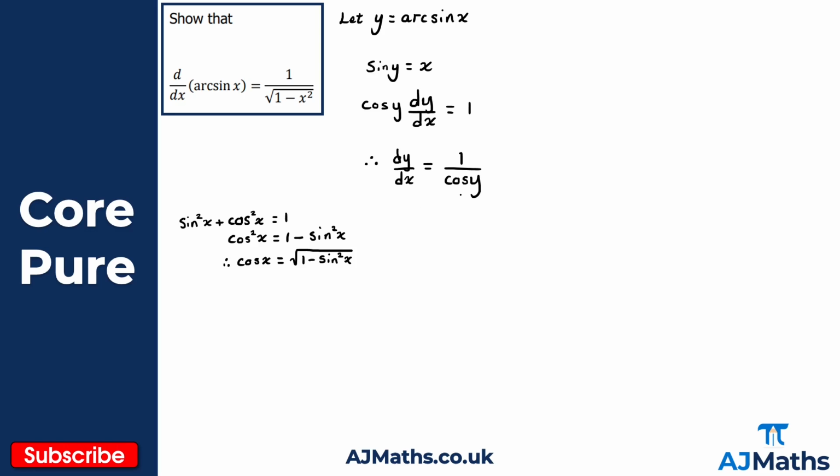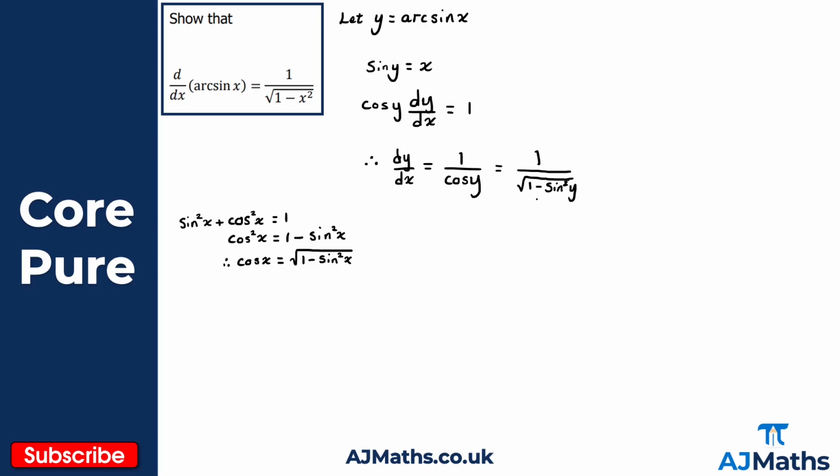Notice that for the denominator, we have cos y, which would simply be the square root of 1 minus sine squared y. So dy by dx is equal to 1 over the square root of 1 minus sine squared y.